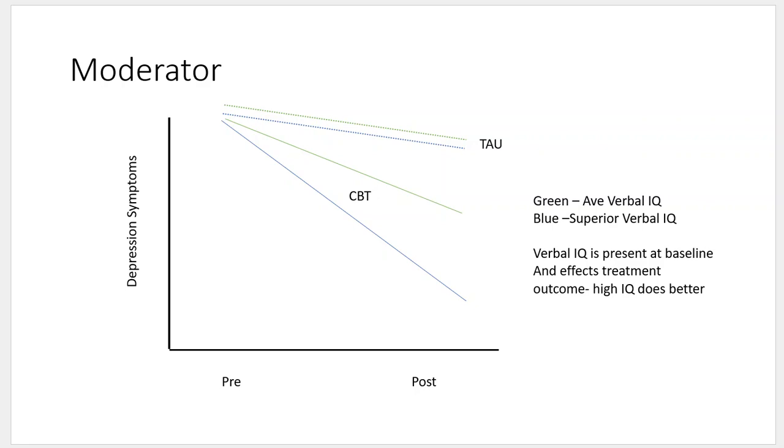And we notice when we're doing treatment as usual, let's say just supportive therapy, IQ doesn't matter. Everybody gets a tiny bit better, but there's no distinguishing based on IQ. In contrast, the CBT is not only better overall, but people with the superior IQ at baseline do much better, presumably because they resonate with this very cognitively complex treatment effect. So here we would say that verbal IQ is a moderator of outcome.